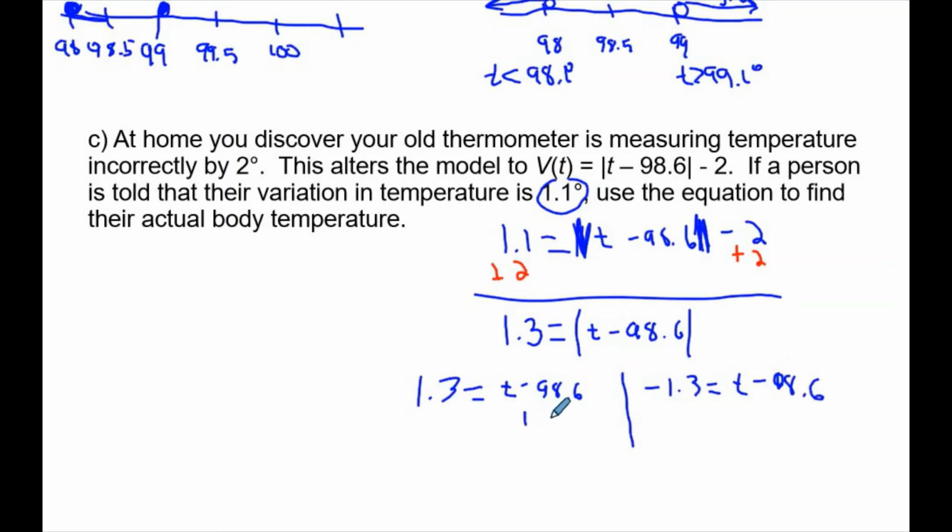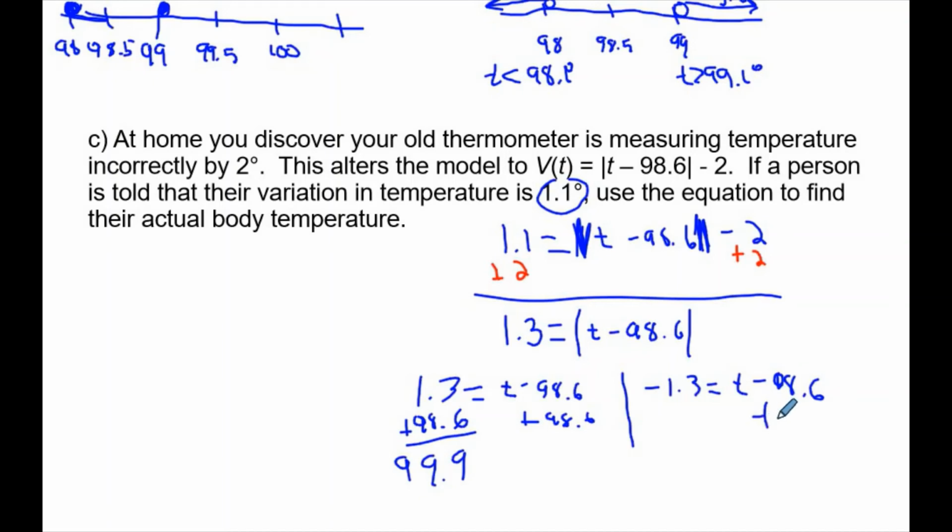So if I add 98.6 over here to both sides, pretty easy to do because everything lines up. So you get a 0.9 here, and then here you get a 9, and then here you get 99.9 as your upper range for your temperature.